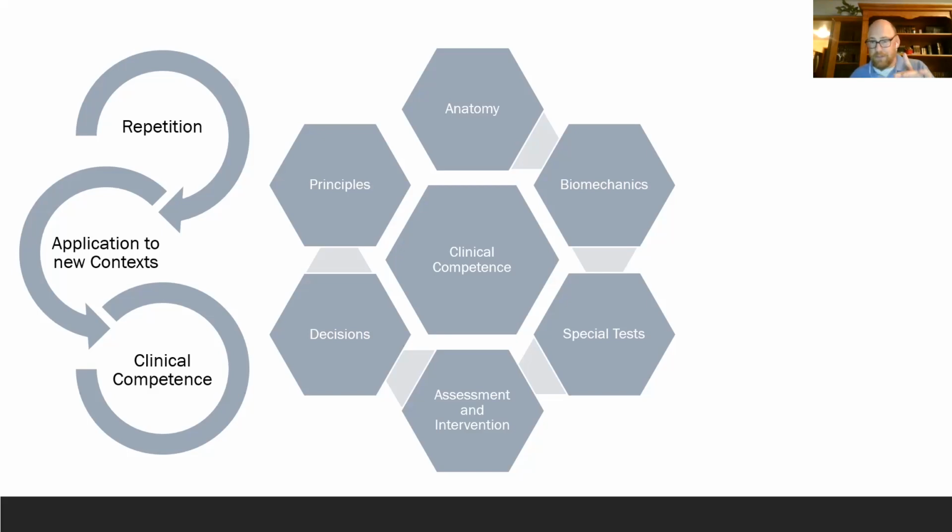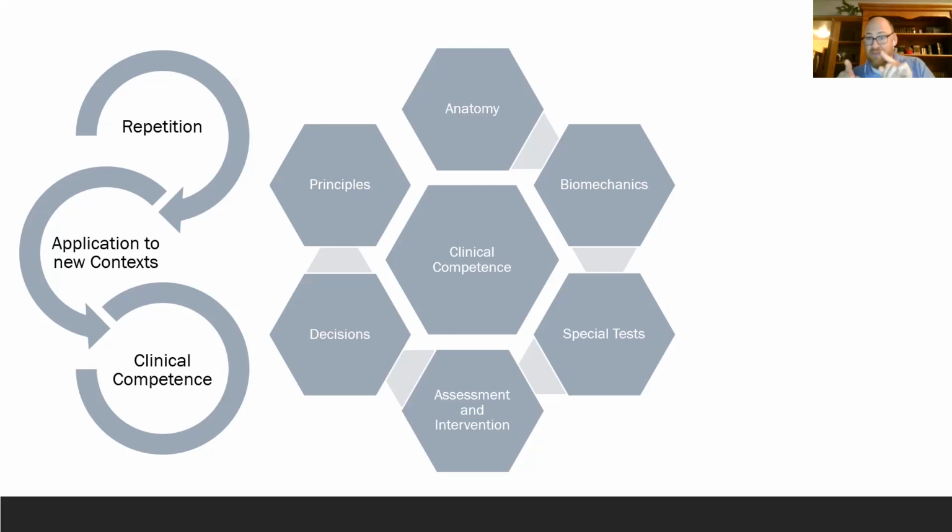Now, as you learn the anatomy, the biomechanics, the special tests, and learn how to make an assessment, create a treatment plan and make a decision based on those things, you start to learn a principle, something that's been inculcated into your mind about how the upper extremity works, about how you might approach a certain problem.